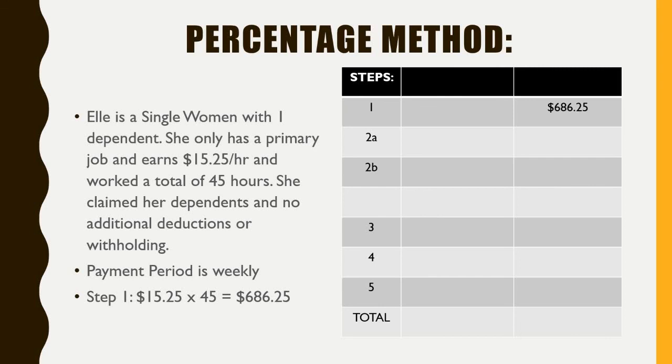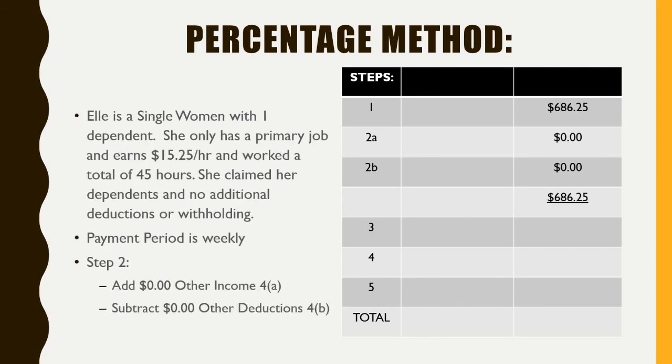So that is your gross earnings. Now let's go ahead and determine step two, right? Since she has only one primary job, you're not going to add any extra income. And because she didn't claim any extra deductions or withholdings, that's also going to be zero. So now my adjusted gross earnings is going to be $686.25.